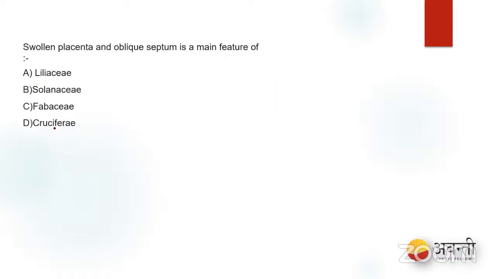Okay. Next one. Swollen placenta and oblique septum is a main feature of Liliaceae, Solanaceae, Fabaceae, and Cruciferaceae. You have your options here. I will relaunch the poll.